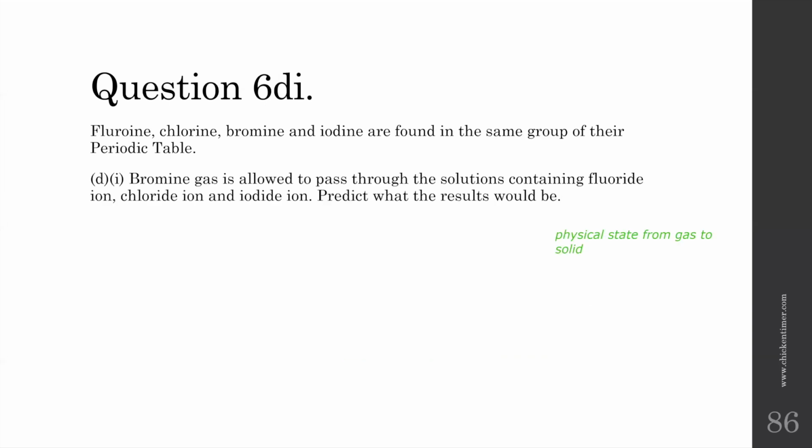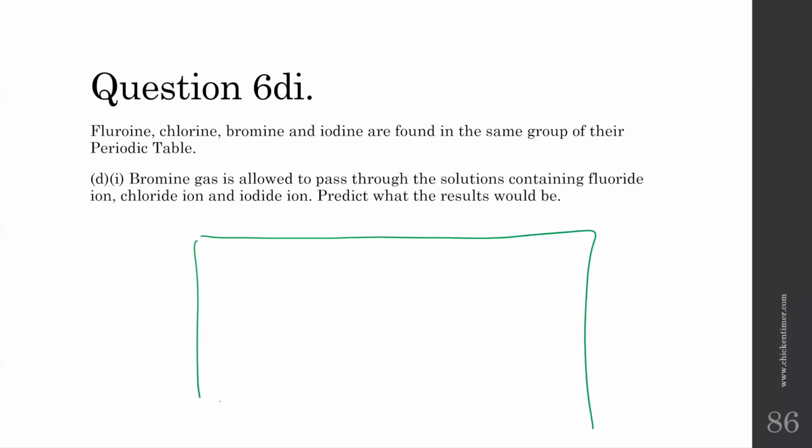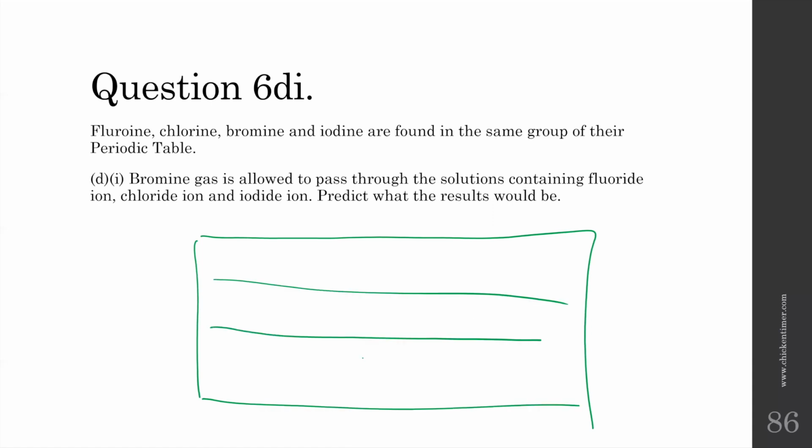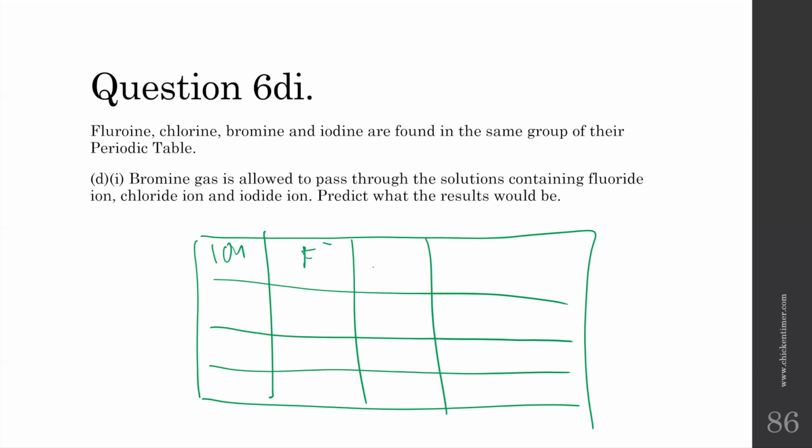Bromine gas is allowed to pass through solutions containing fluoride ions and iodide ions. Okay, so we will come to this table. So this is the ion: we have fluoride, bromide, iodide. Then you have bromine gas.